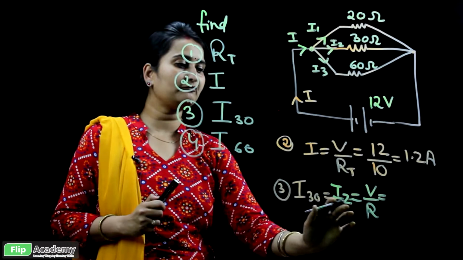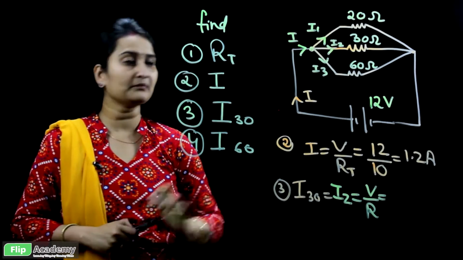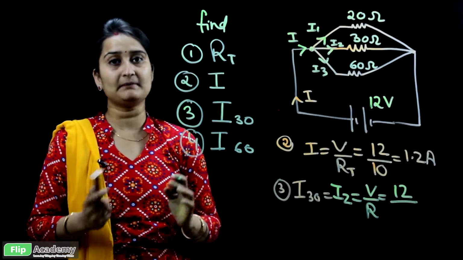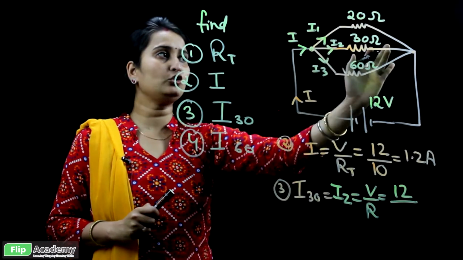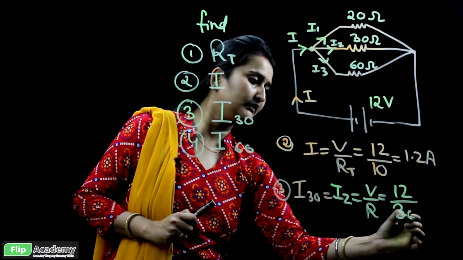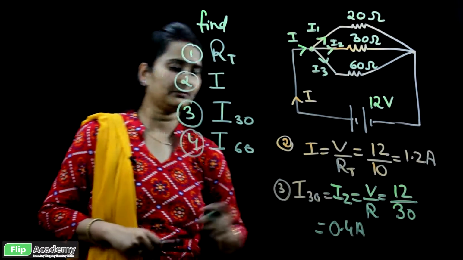Now when you find the current through 30 ohm, the potential difference is 12 volt, which will remain the same. What is R now? R is 30. I2 you have to find and the resistor is 30. Now solve it. You will get 0.4 ampere.